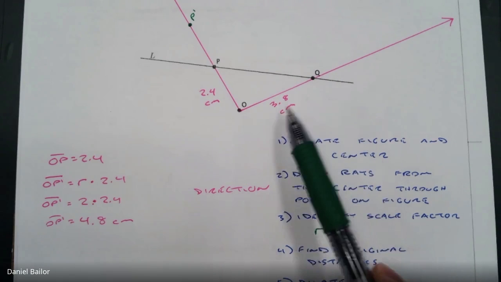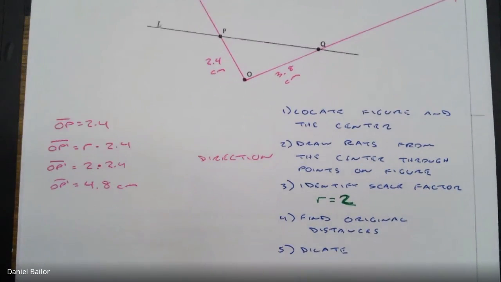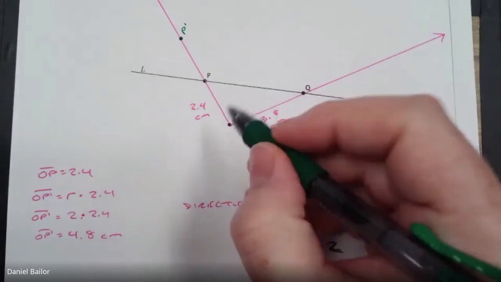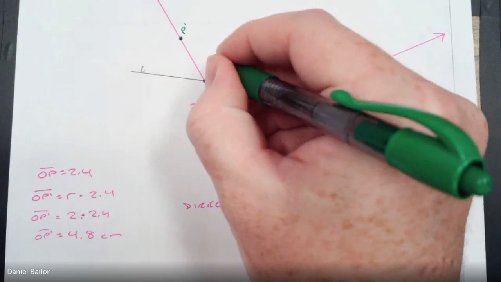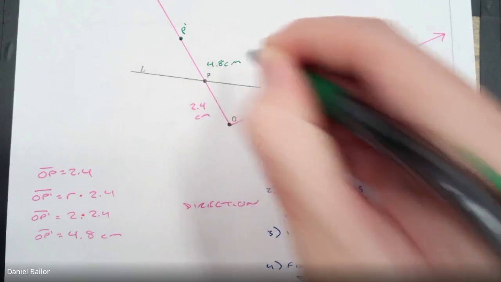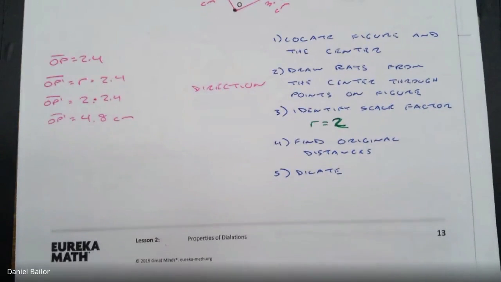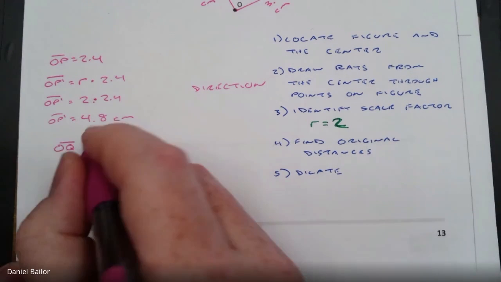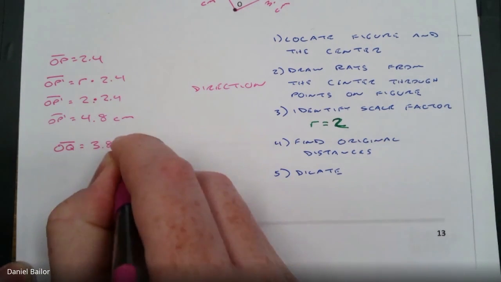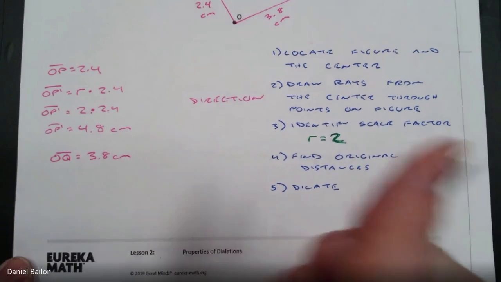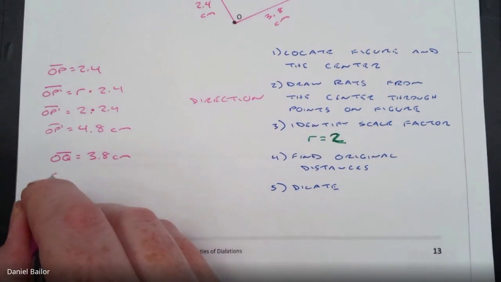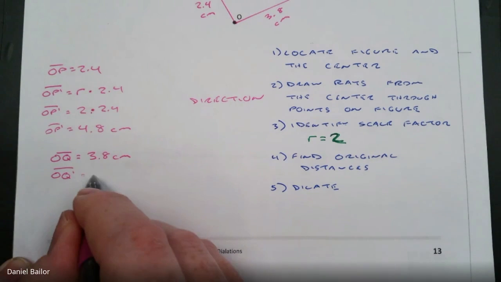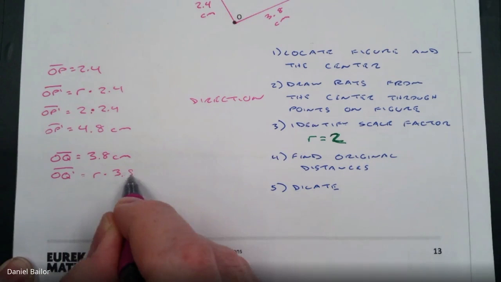And we do the same thing for OQ. Oh, I should label this. OP was 2.4. OP prime, remember, is 4.8 centimeters. And we do the same thing for OQ. OQ, the original, was 3.8 centimeters. You can see it right here. The new one after the dilation, OQ prime, is going to be the scale factor times 3.8.